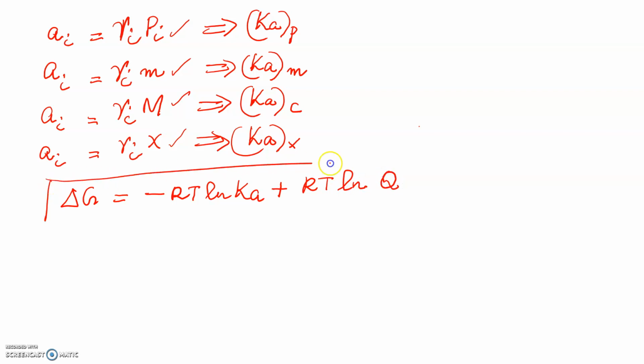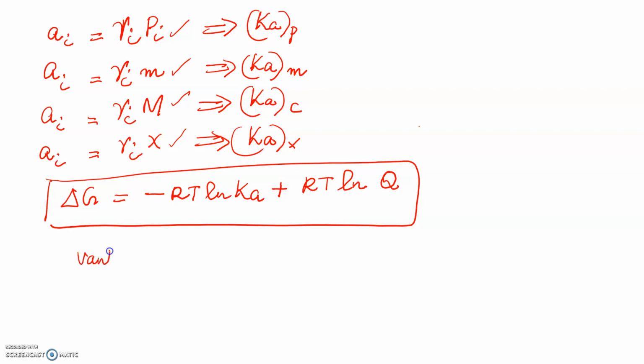This equation, delta G is equal to minus RT ln Ka plus RT ln Q, is known as the Van't Hoff reaction isotherm. It is known as the Van't Hoff reaction isotherm because this is applicable at constant temperature.